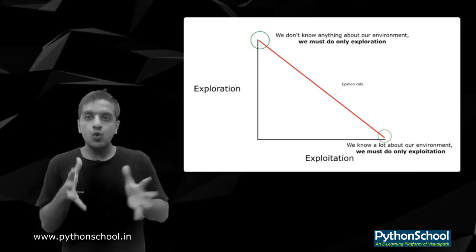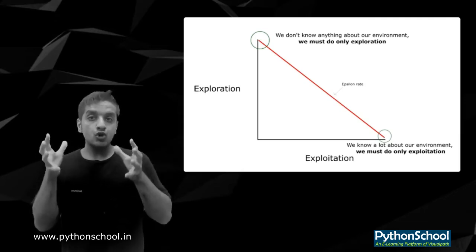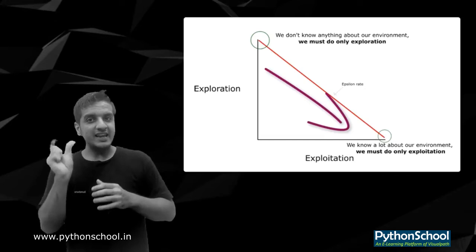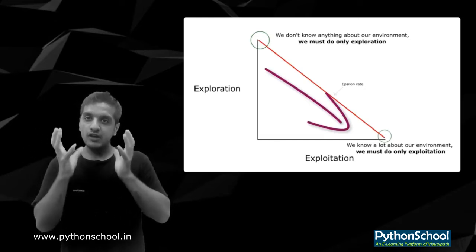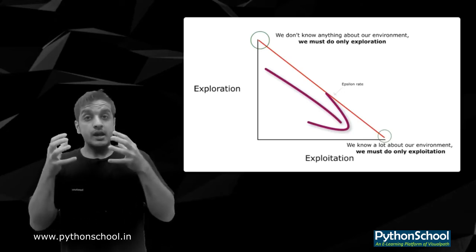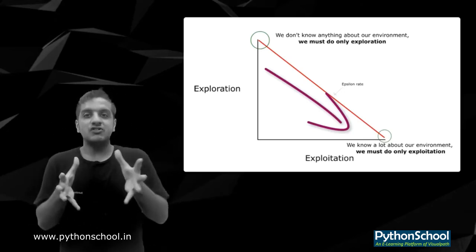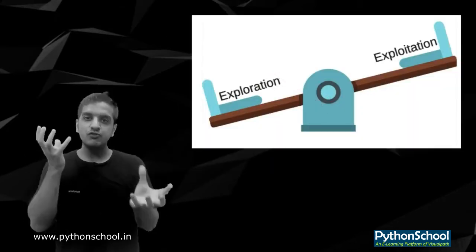As the exploration goes on and the RL agent becomes familiar with the environment, slowly and steadily the epsilon rate decreases. There is a decay rate which we'll be placing in our programming example, which allows the epsilon to decay. Slowly, steadily, as the epsilon goes down, the exploitation starts. So here the concept of exploration and exploitation trade-off is fulfilled.